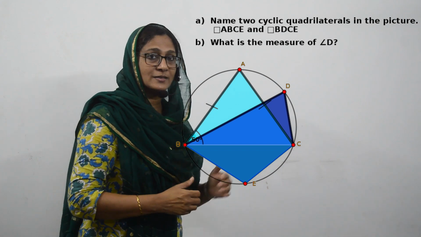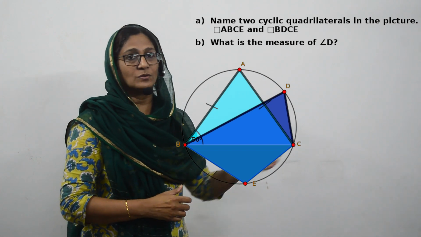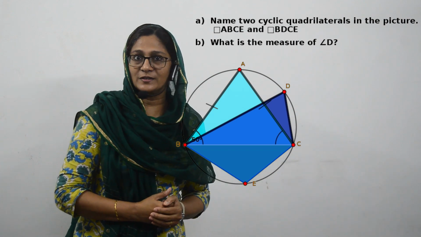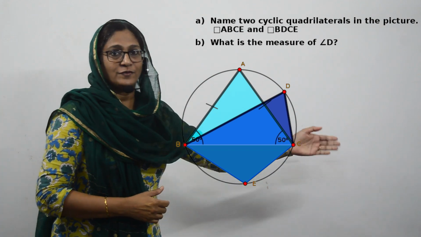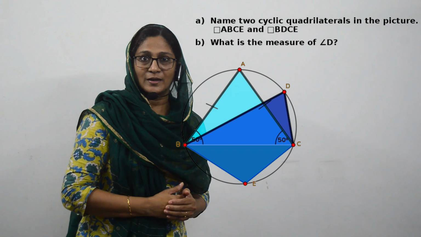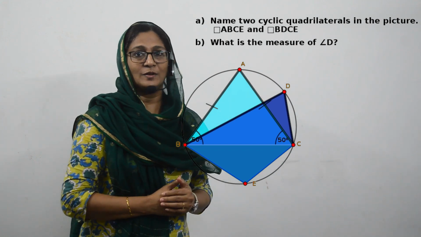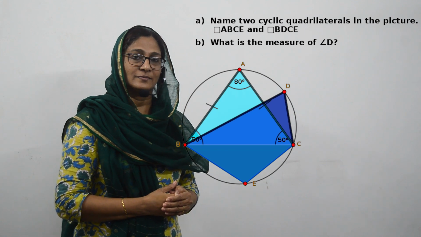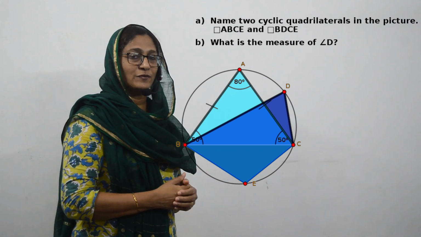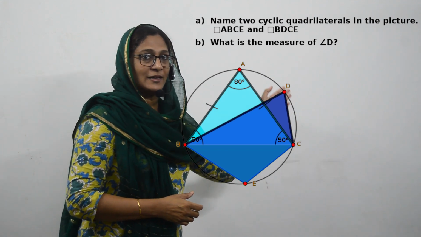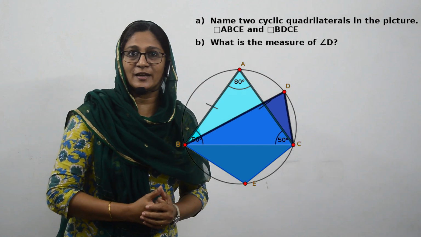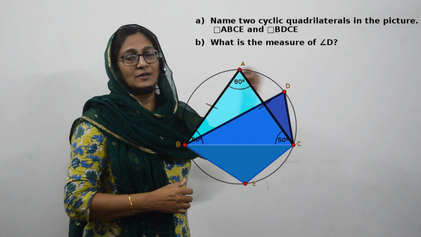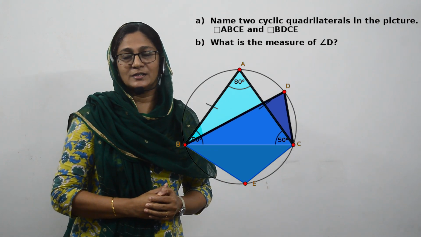One of its angles is 50 degrees, and so the angle over there, that side, will also be 50 degrees. 50 and 50 together is 100, and so the third angle, angle A, will be 80 degrees. As we said before, angle D and angle A have the same measure because they are angles in the same arc, and so angle D will have a measure of 80 degrees.